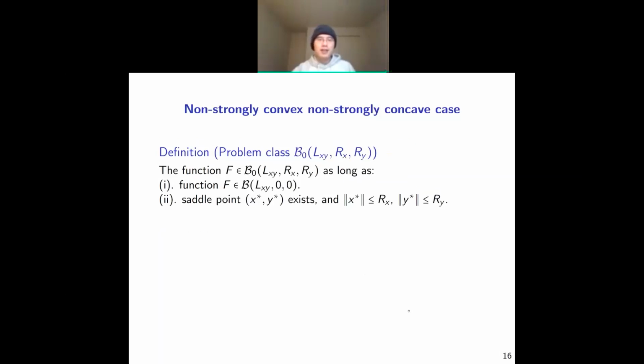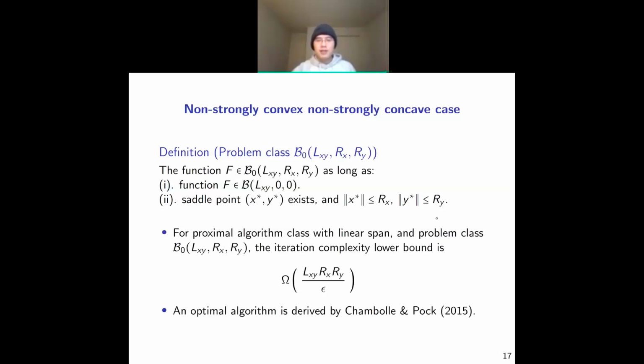And also we can do the similar thing for the bilinear coupling class, and that is also with mu x and mu y equal to 0, same as before. And we assume the existence of the saddle point, and all of them are bounded by some Rx and Ry. And in this case, when we consider the proximal algorithm class with linear span, then we have the iteration complexity lower bound of this.